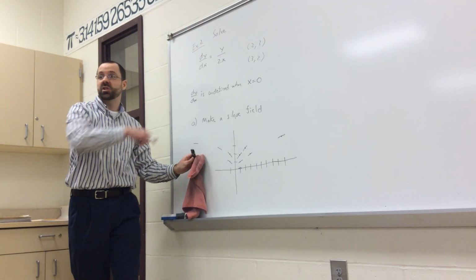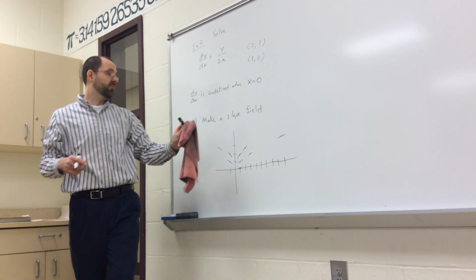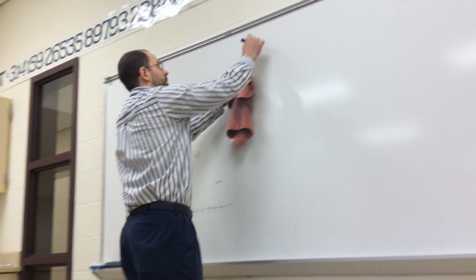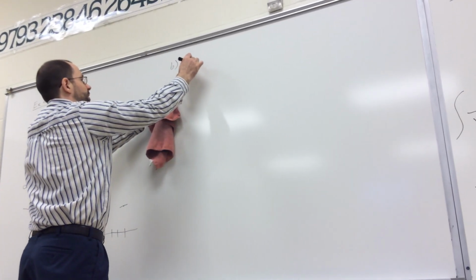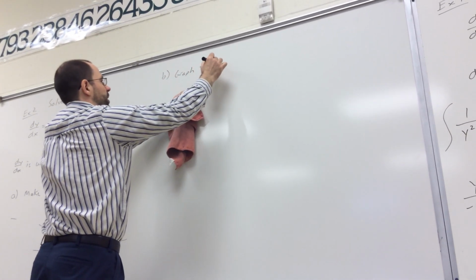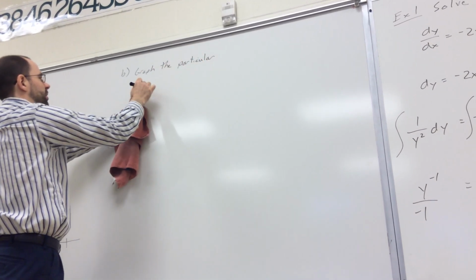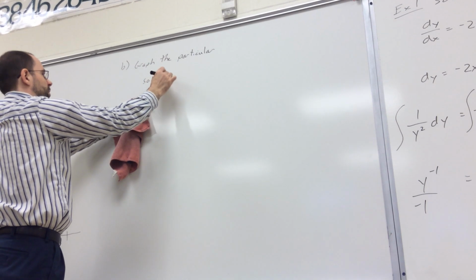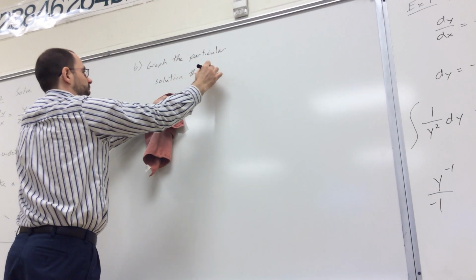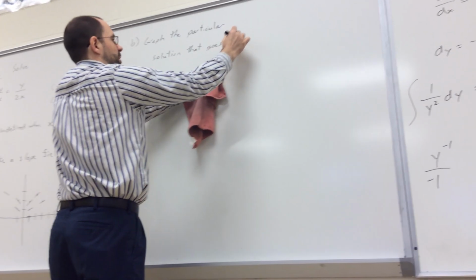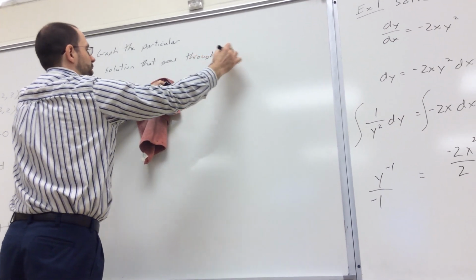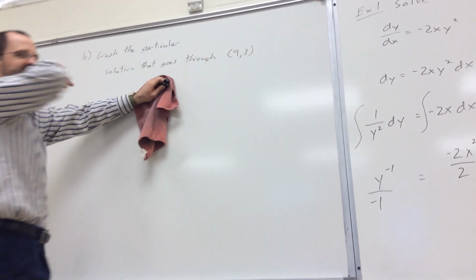You trace out the slope field, right? So for part B, now we're going to graph the particular solution that goes through (9, 3).